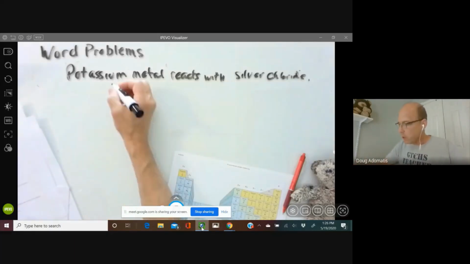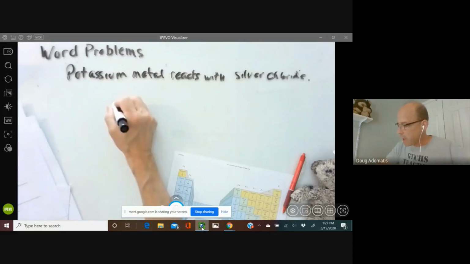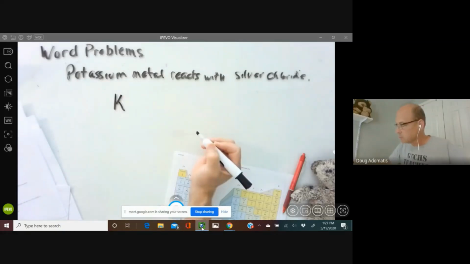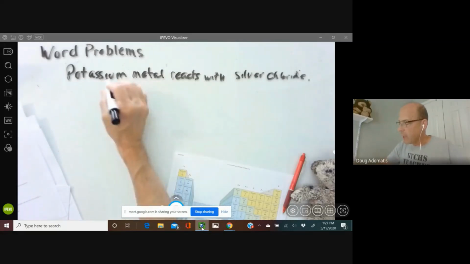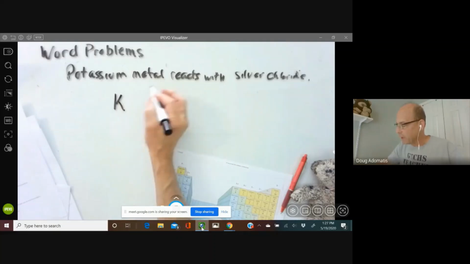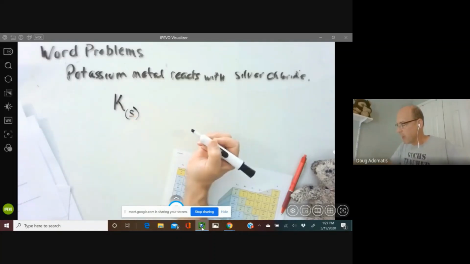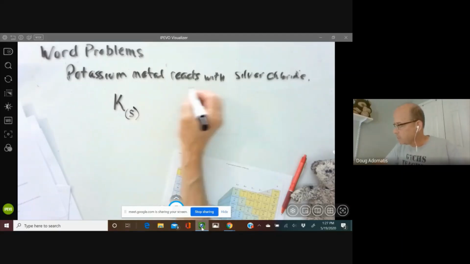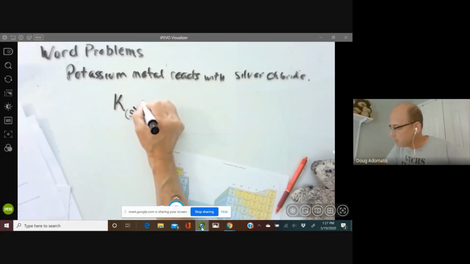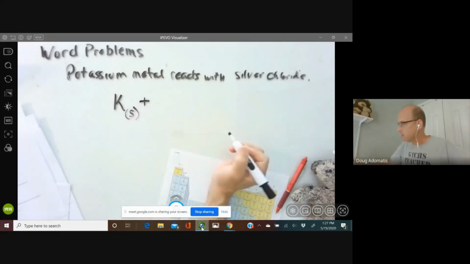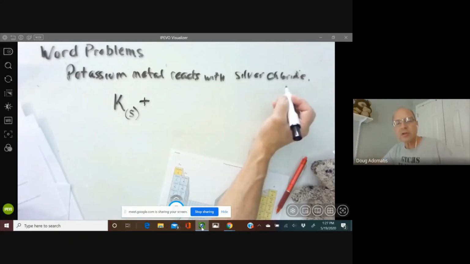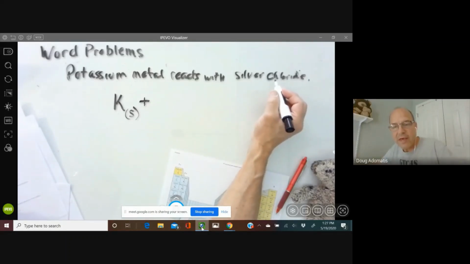Okay, we recognize this word as being this symbol. By the way, this is elemental potassium in the metal state, so we can go ahead and write parenthesis S as it being in the solid form. Reacts with, we know that phrase to mean the plus sign in the equation. And then silver chloride. That is not just one thing, but that's a couple of things, isn't it?